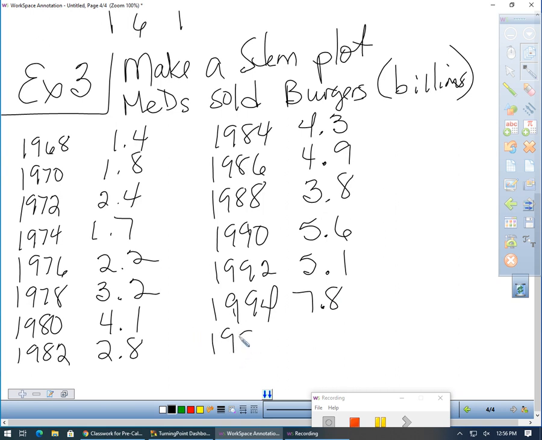And 1996, let's say it went back down to 5.5 billion burgers sold. Okay, so here's all our data, and again, all that's going to be in the tables in your book.